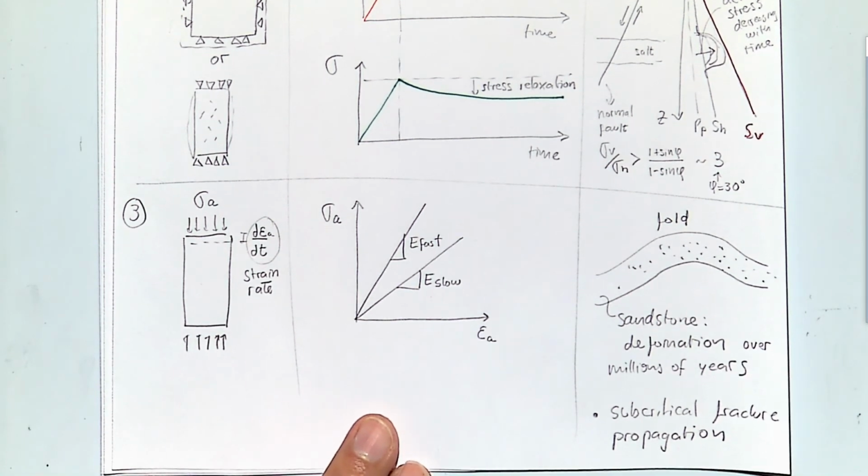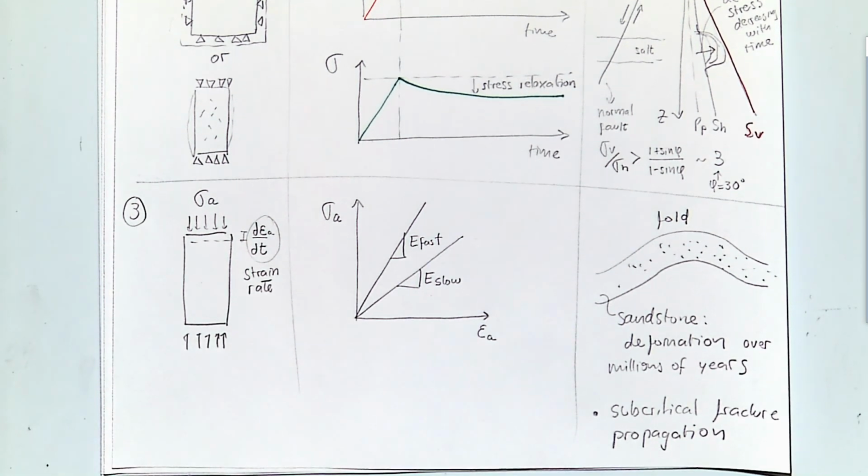When you have subcritical fracture propagation, which means propagation at stresses lower than the critical value, your rock may start to crack in time even though it's not at the maximum stress. And eventually that may make the rock look softer.